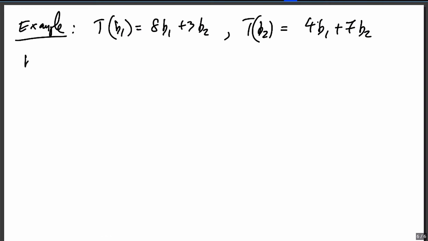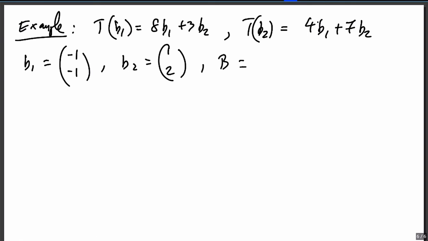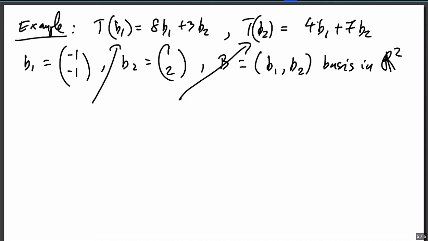In this case, for example, it turns out that b1 is the vector minus 1, minus 1, and b2 is another vector, 1, 2. These are all in R2. And since minus 1, minus 1 and 1, 2 are not collinear, when you put these together, you get a basis in R2. If you define T this way, in this basis, you get that T is a linear operator on R2.